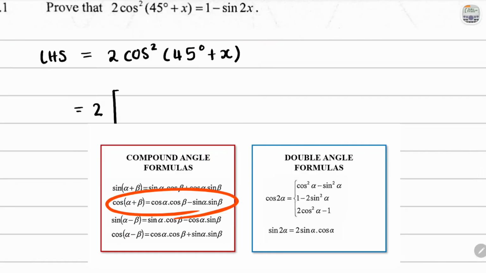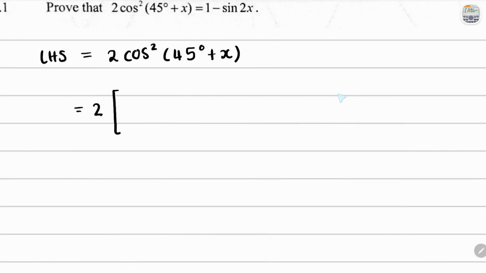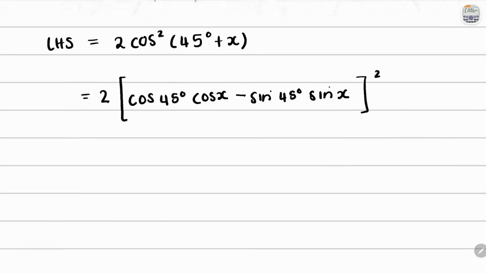So let's just put brackets already and say we're going to expand that. But of course, whatever we have in our expansion is still going to be squared because of the squared here. So that's going to be cos 45 degrees cos x, and then the sign changes to minus sine 45 degrees sine x. Okay, and then all of that will get squared.